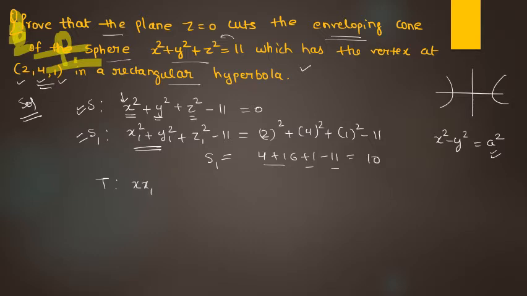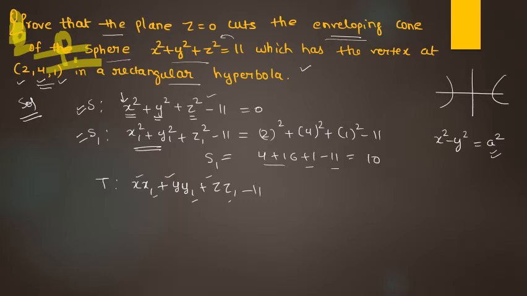So you can write it as x x1, y y1, z z1, where x, y, z are general and x1, y1, z1 are particular terms or points which are given to us. So this is x x1 plus y y1 plus z z1 minus 11. This will be the equation of that enveloping cone of the sphere. Okay, this is how you can derive it.